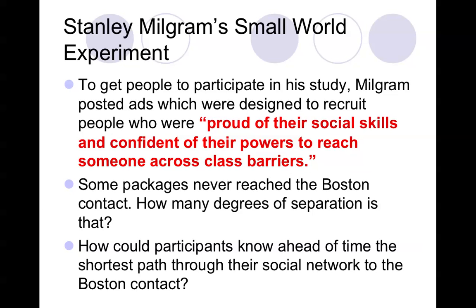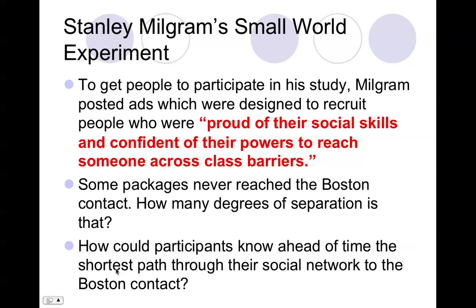And if this study is to make a conclusion about the entire U.S. population, well, we're not quite sure that the sample was representative. And then, of course, the last bullet: how could participants know ahead of time the shortest path?